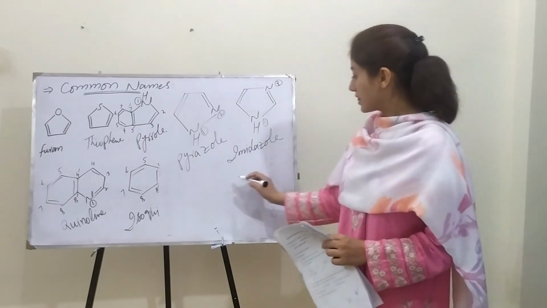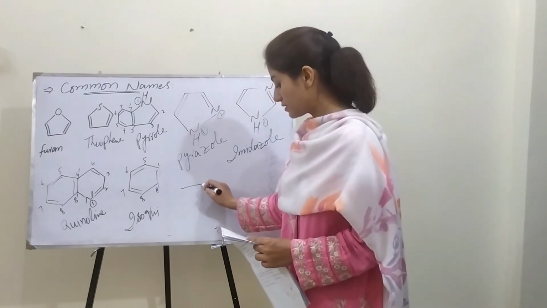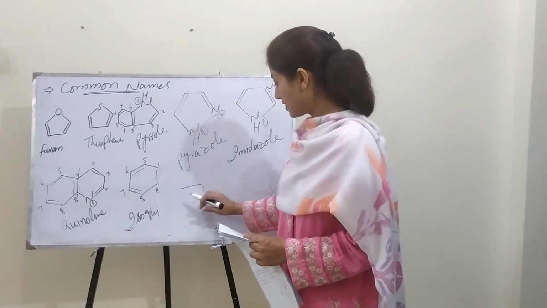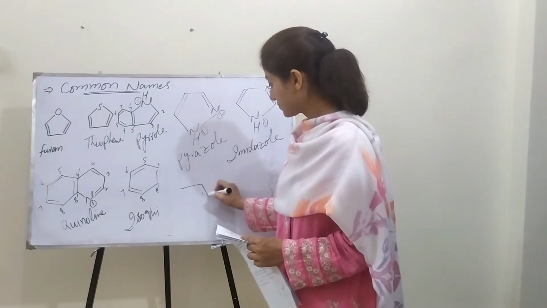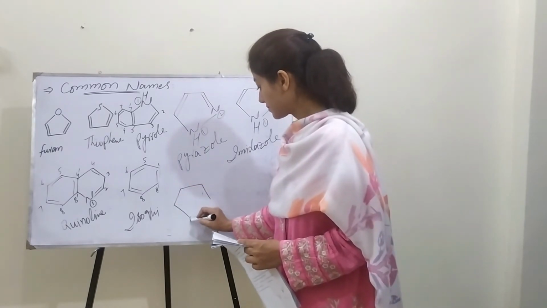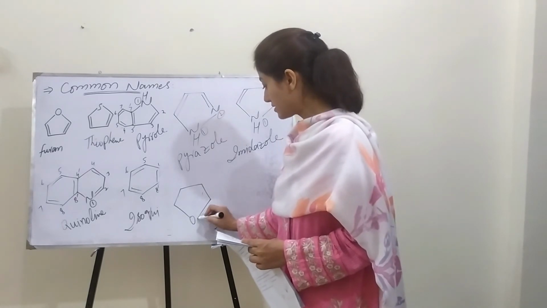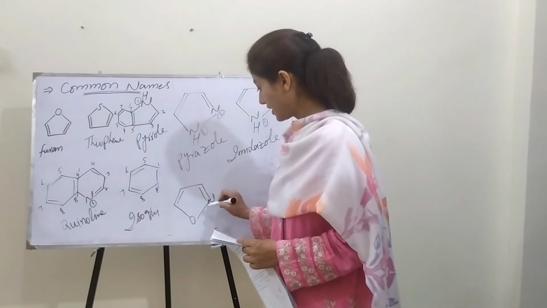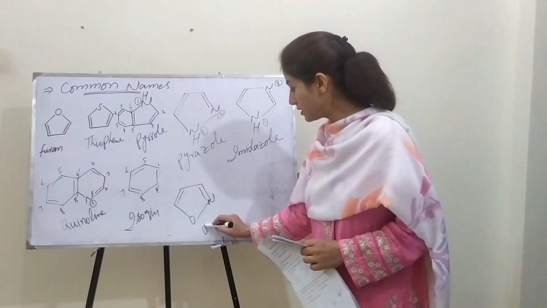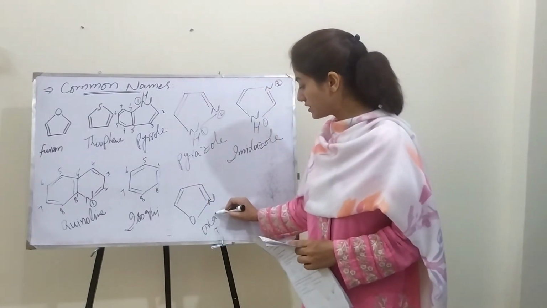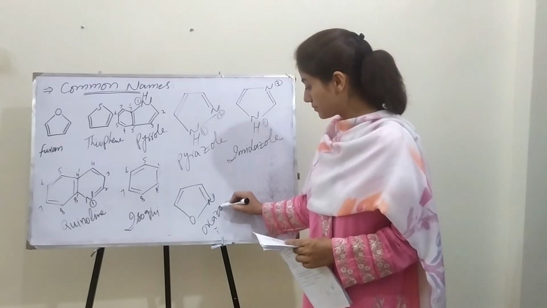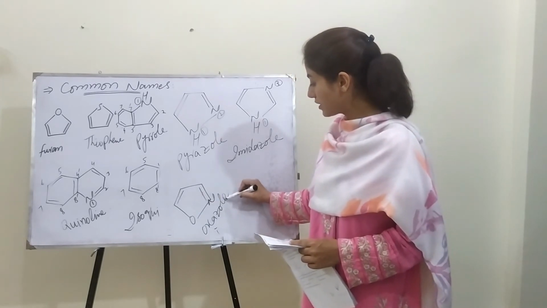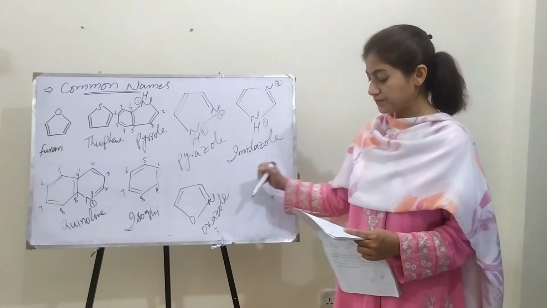And if the heterocycle contains nitrogen and oxygen as the heteroatoms, then the name of this heterocycle would be oxa for oxygen and azole for nitrogen containing ring, that would be oxazole.